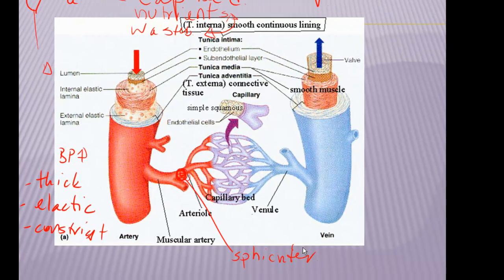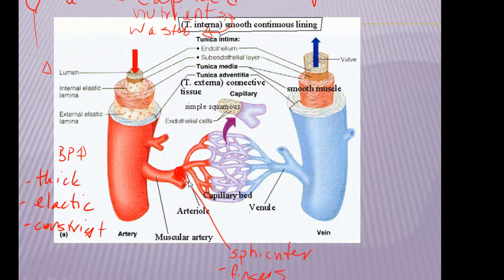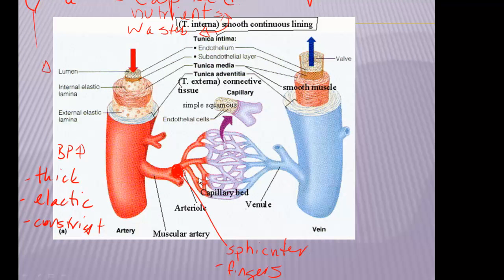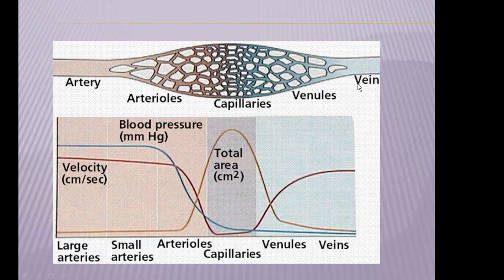Just like in our digestive tract, these are valves that can open or close. So if we were freezing to death, blood flow shuts off to the appendages, right? Our fingers get frostbite first because the blood flow is going into the body core. On the other side of the capillary bed, venules and veins are thinner walled. Blood pressure is lower. The elasticity is not as important, and they have valves to prevent backflow.